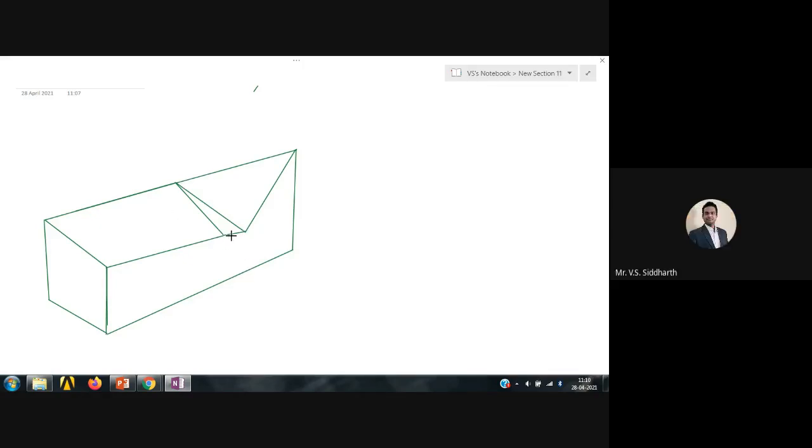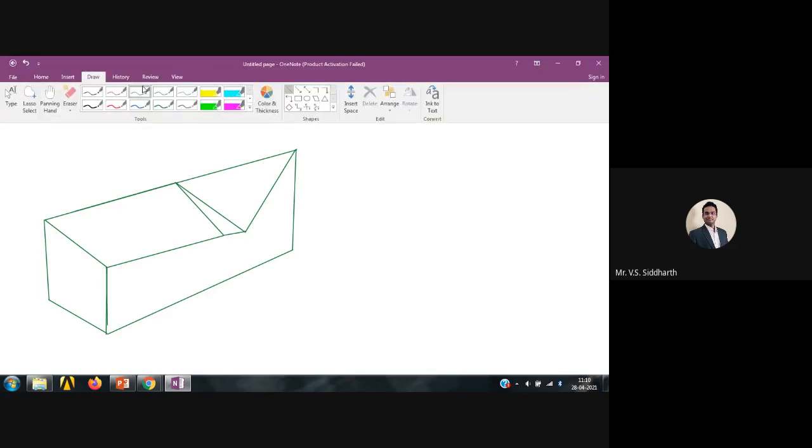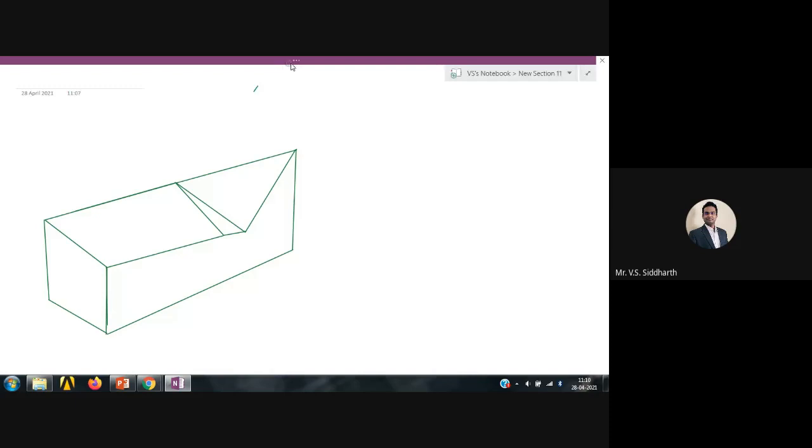So this is our tool. Okay. So let us draw the X plane. X plane means longitudinal plane. So the longitudinal plane will be something like this.